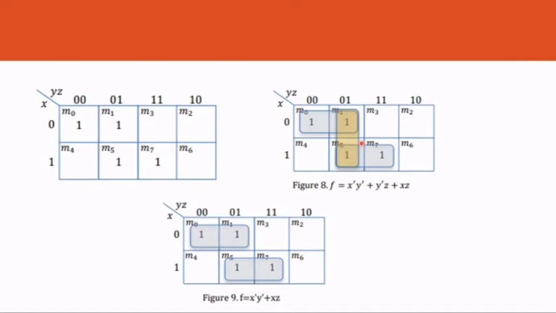If we include this combination, we will produce the expression x prime y prime plus y prime z plus x z. And if we look at the consensus theorem, the product term y prime z is our consensus term, which can be eliminated, leaving x prime y prime plus x z.